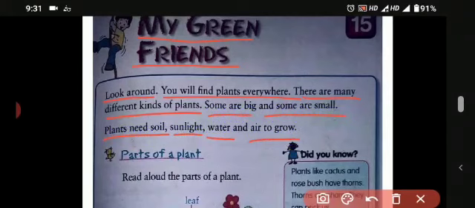So students, what is needed for the plant to grow? That is soil, sunlight, water and air. Now we will discuss the parts of the plant.